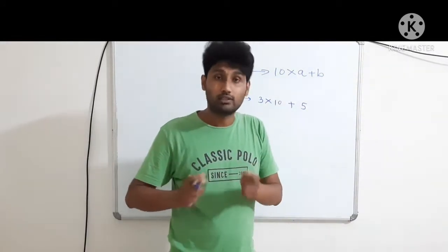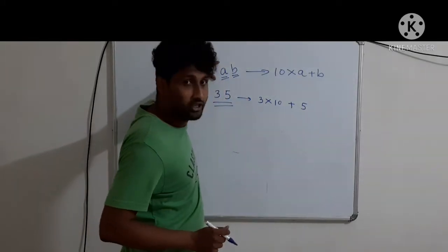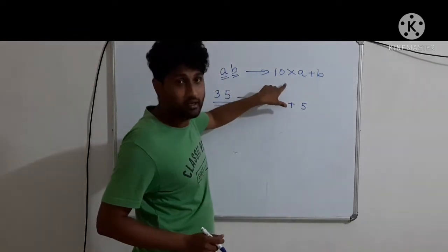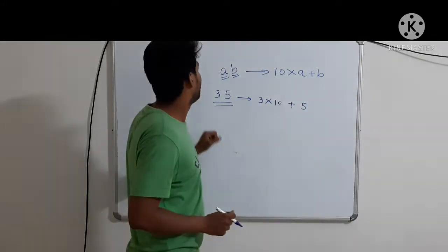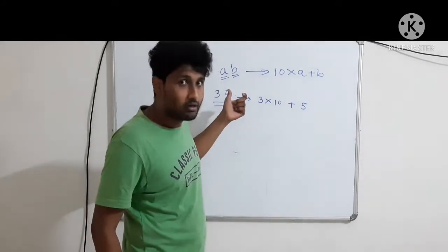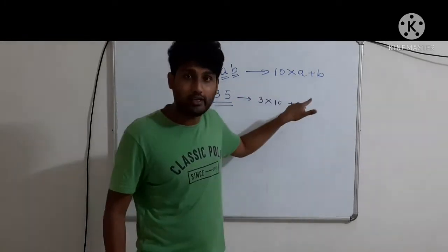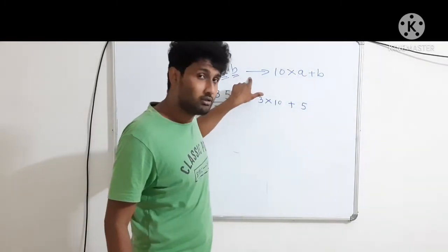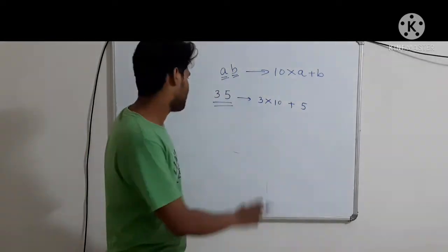We have done such kinds of problems, right? So a 2-digit number can be shown as AB, where AB becomes 10 into A plus B, A being the tens place, B being the units place.